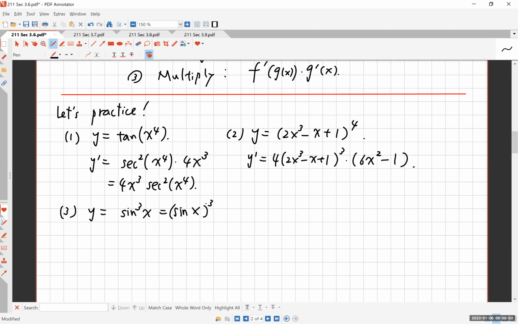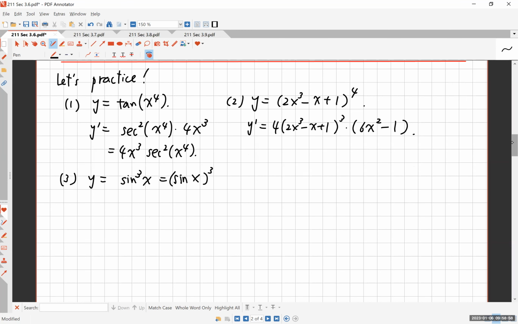For some reason, somebody decided to put the exponent in the middle, right before the x, which is a little confusing because it seems like you take the sine of the sine of the sine of x, but that's not what it means. This is sine of x, evaluate that, and cube it.